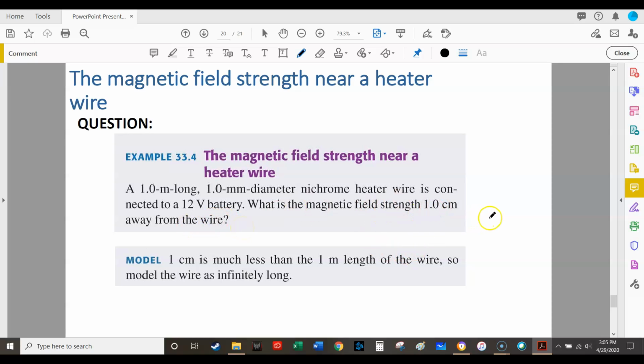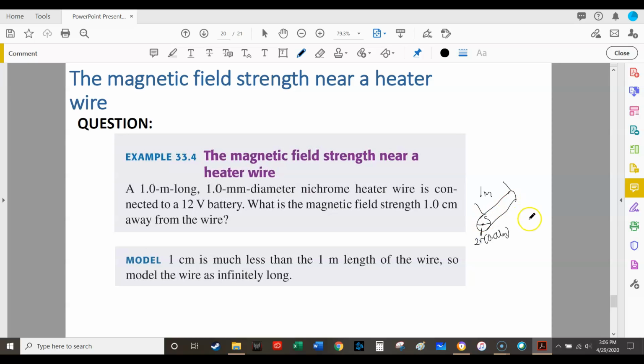So you have a wire that's got a length of 1 meter, and its diameter, which is going to be 2r across, is 1 millimeter, which is 0.001 meters.